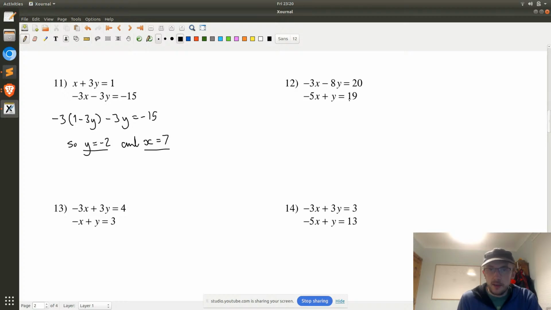Okay, so y is 19 take 5x. That's equal to 20. All right, so 37x. Now that is minus 152, and add that on and you get 172. So feels like 6, but it's not.